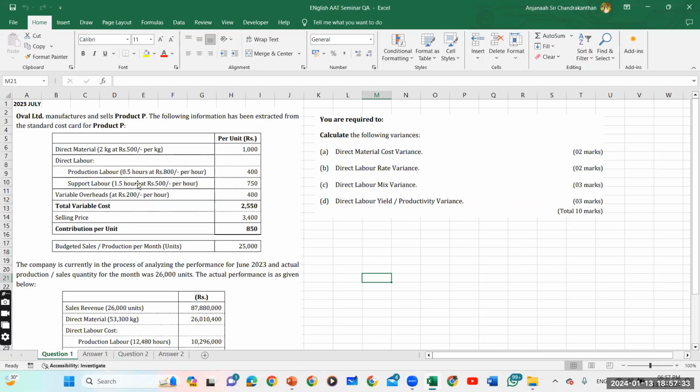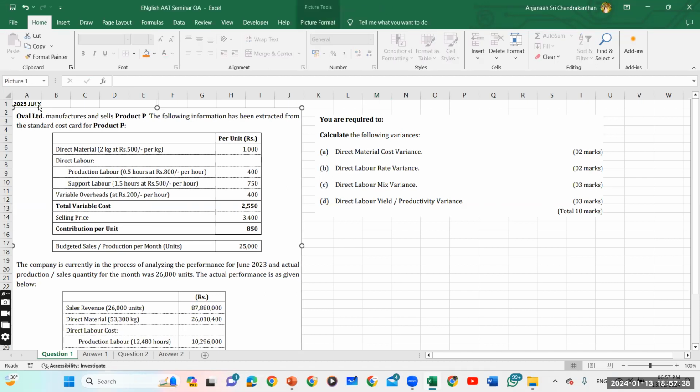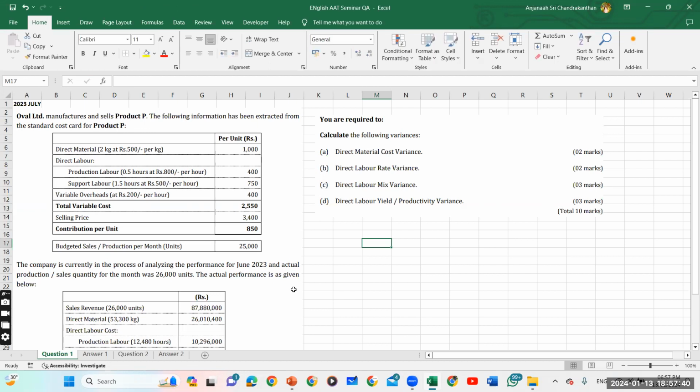See, this is a past paper question, 2023 July past paper. So read the question. Now look.